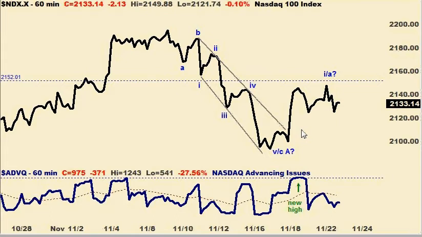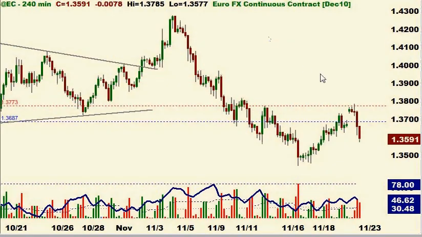So the fact that we've already made a new high in breadth tends to be potentially bullish and indicates that there's a pretty good chance that the Nasdaq is at least going to retest the old highs around 2200 and possibly make a new high. We'll have to watch how it plays out, but that's certainly a possibility.